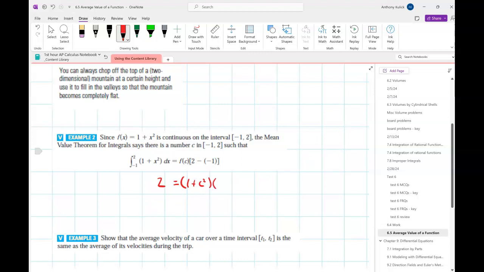Oops, that's not 2 anymore though. You boo-booed that, Mr. Kulik. That was 6 times 3. And we get the same thing, right? C is plus or minus 1. We did it before. It's the same idea.